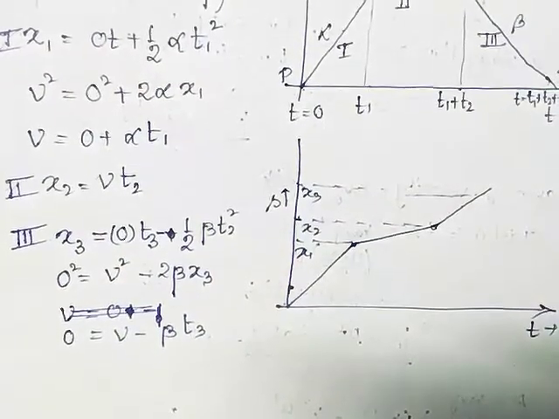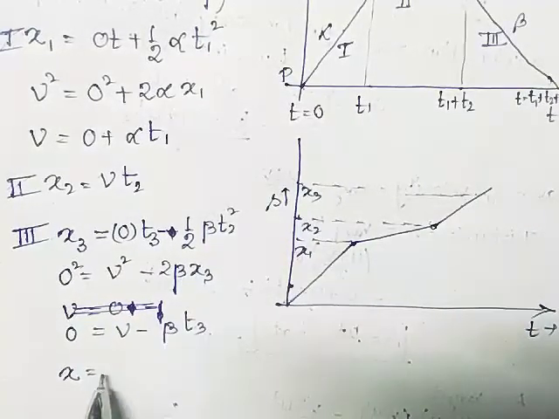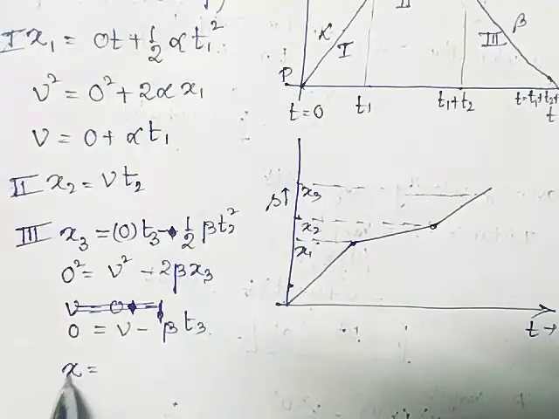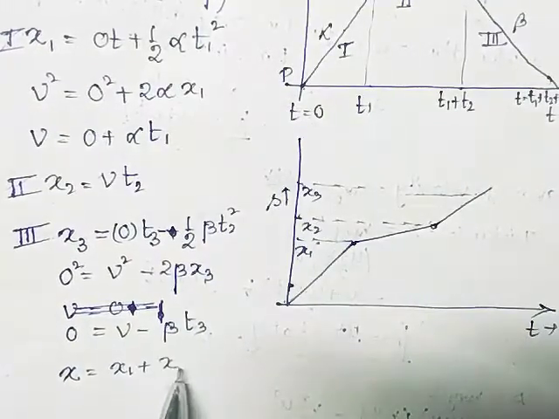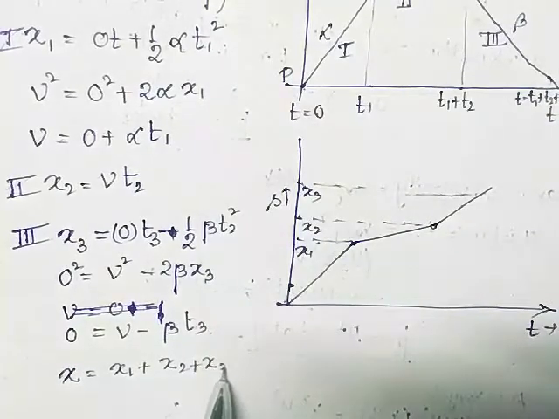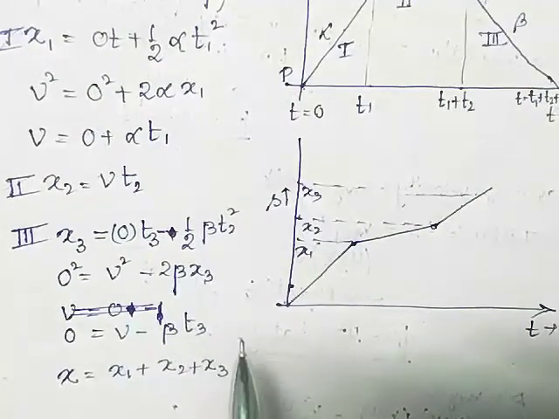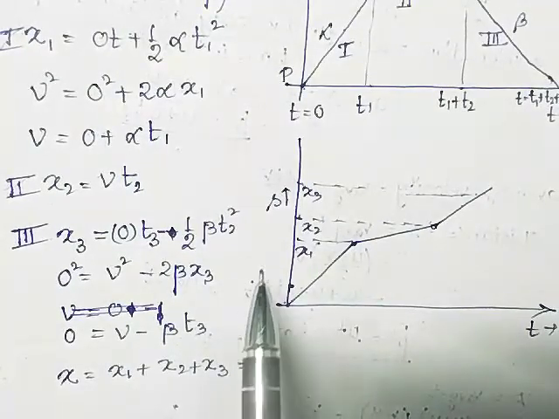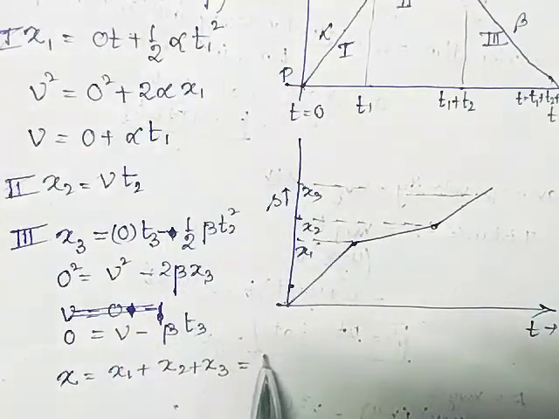But which equations are important for us? We have to prove the total distance. What is x? X is basically x1 plus x2 plus x3. We can find x1 from the first equation. Why am I taking this one?